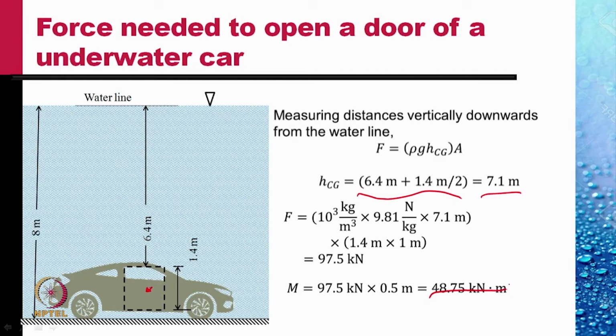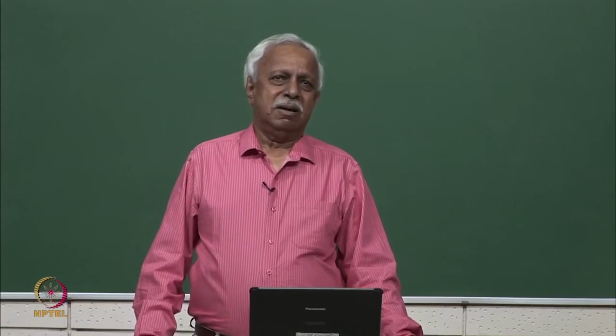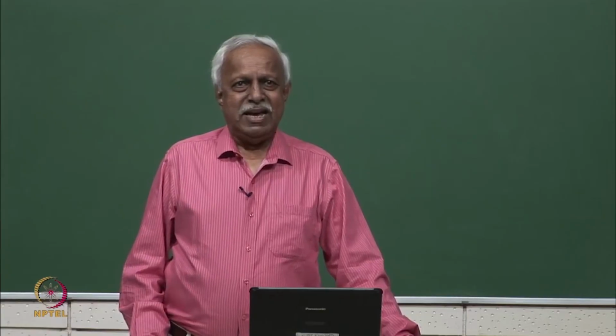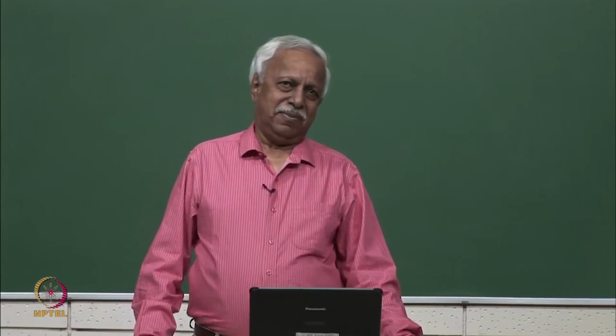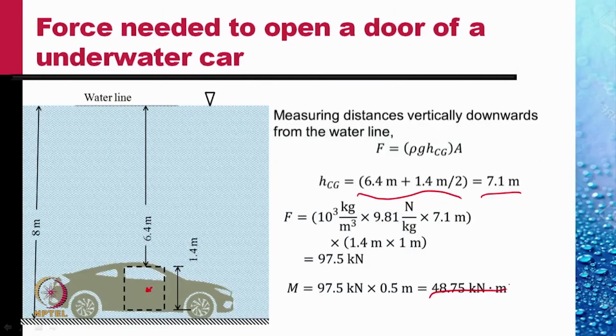So, is she doomed? No. She could lower the window, if that is possible. If the electrical system is not broken down, she could lower the window, and as water enters the cabin, the forces on the back of the door would balance the forces from outside keeping the door closed.